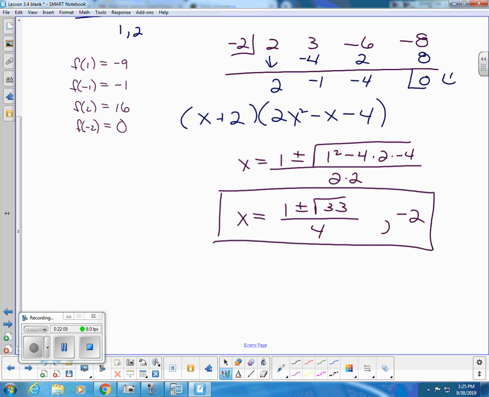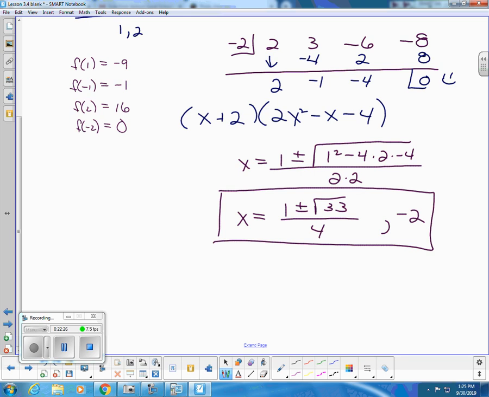It's a cubic, those are the only three I have. So that's not really hard to do, right? It took us a couple plug-ins to figure out where the 0 was. Now, it does get harder the more you have to plug in and try.